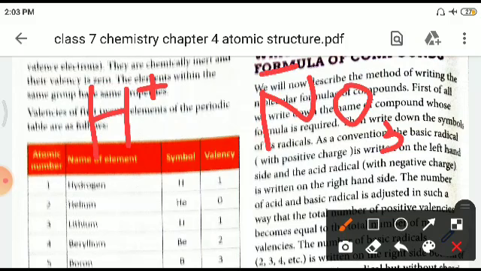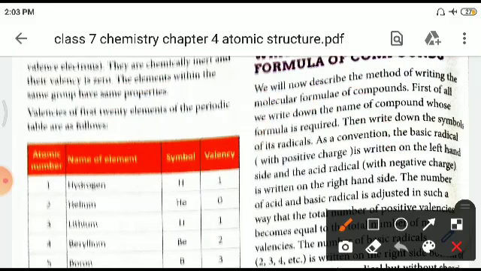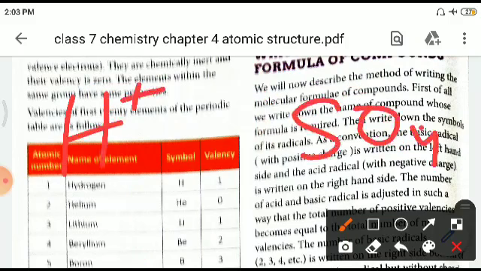Now what is this? Let me tell you. Suppose I am taking the hydrogen atom here, H plus, and I am taking sulfate, SO4 2 minus. Now see, if I have to balance it, there is only one charge here, 1 plus and 2 minus.